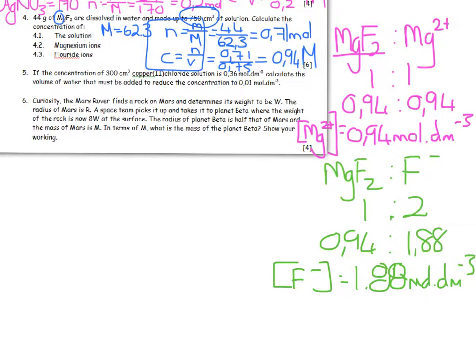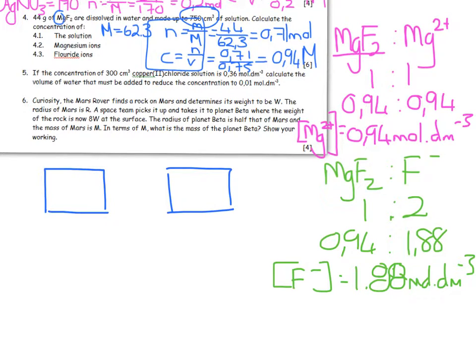If the concentration of 300 centimeters cubed of copper chloride is that, calculate the volume of water that needs to be added to reduce the concentration to something else. Remember my little box system. I take a look at the 2 boxes and I see what information I have about each one of them.